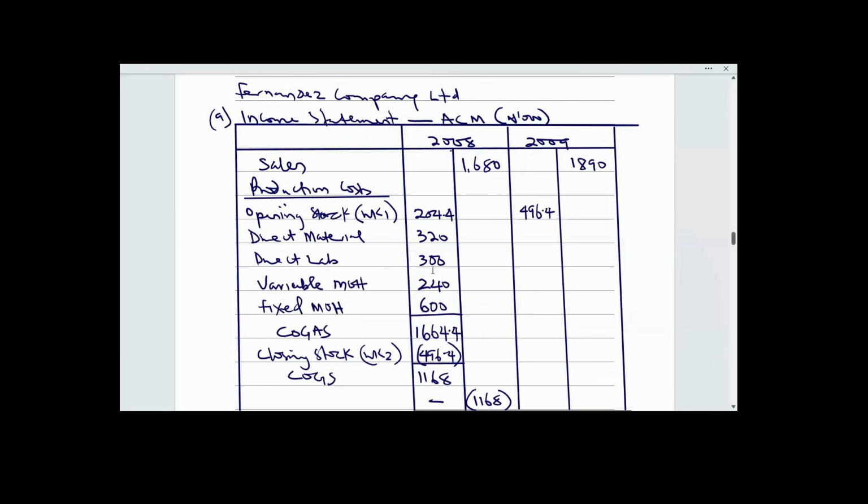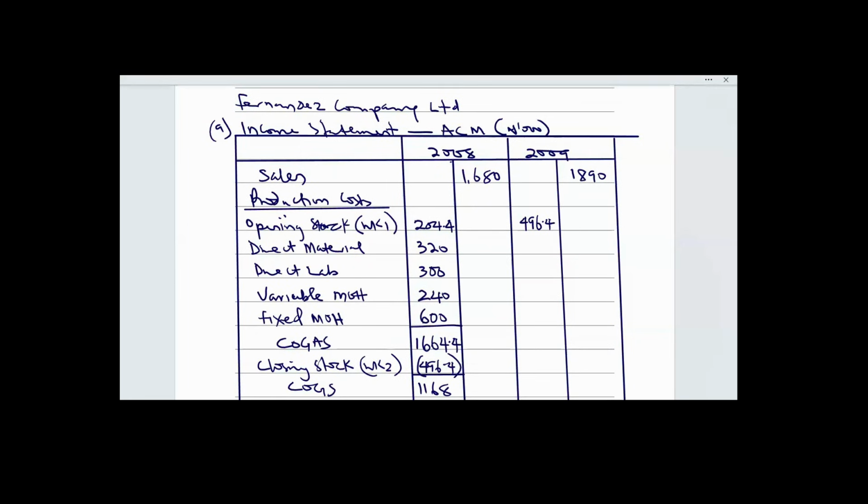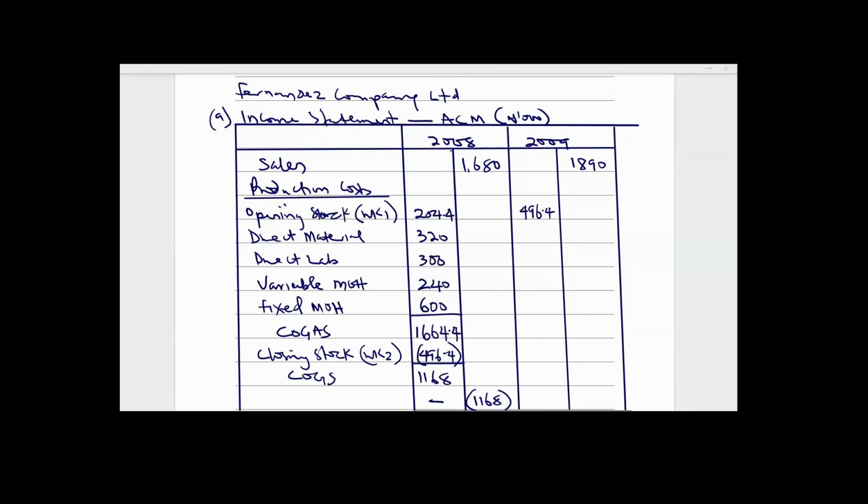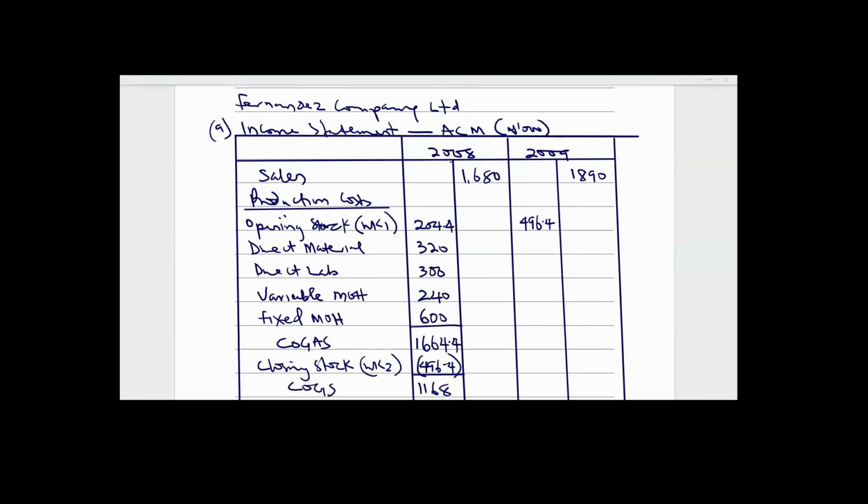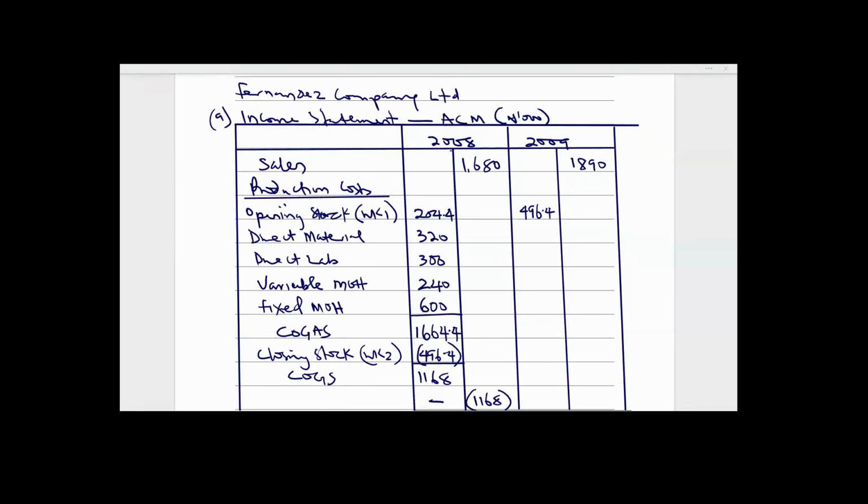Then direct material per unit, according to the question, direct material per unit is 1 naira 60 kobo. Therefore, 1 naira 60 kobo multiplied by the unit produced. What do we have? 240.